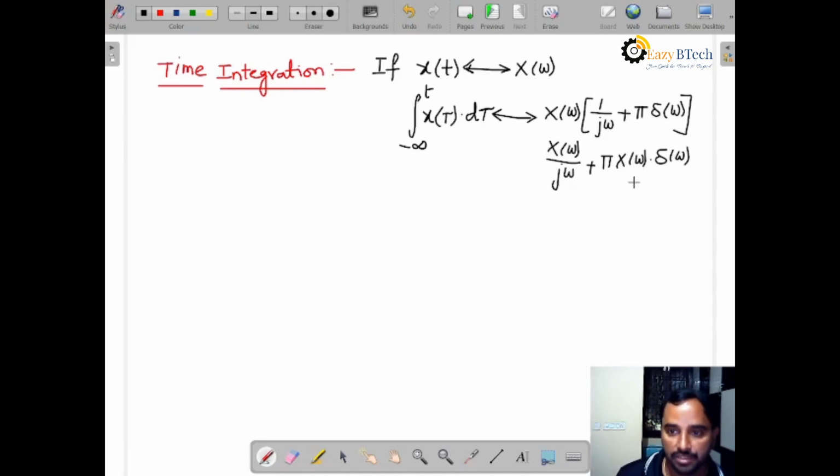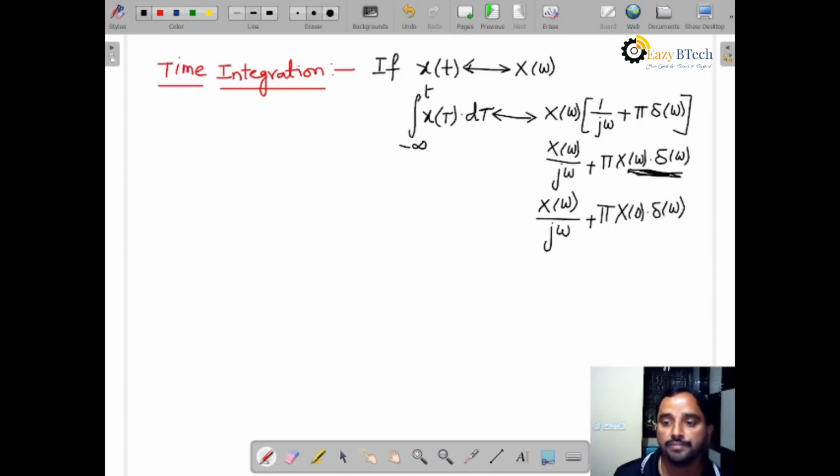So what is the result of this multiplication? Then we have X of omega by j omega plus pi X of 0 into del of omega. What is X of 0 actually? X of omega at omega equal to 0, that is X of 0, right or not?